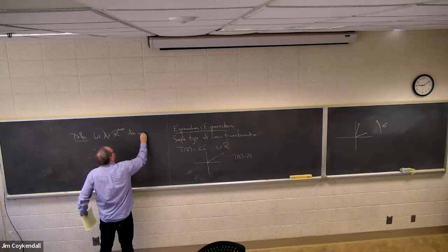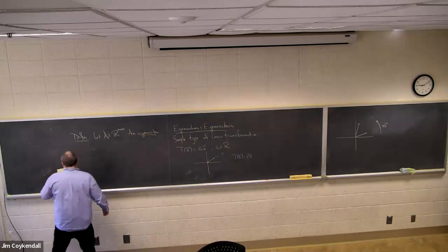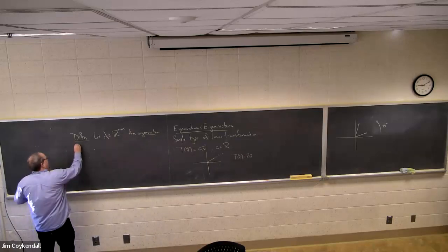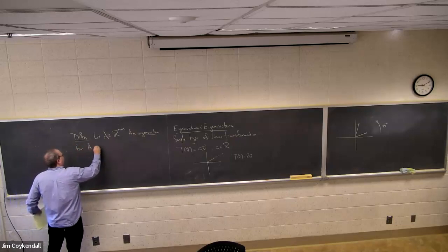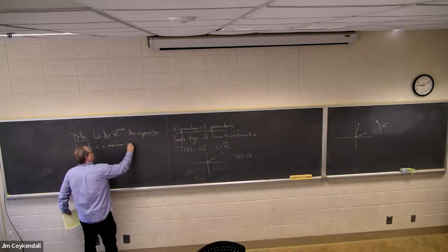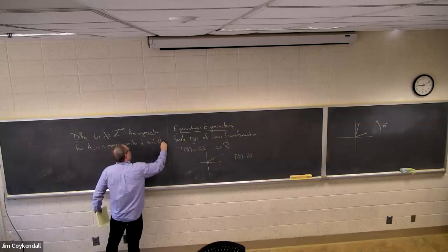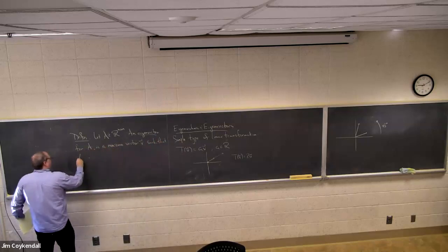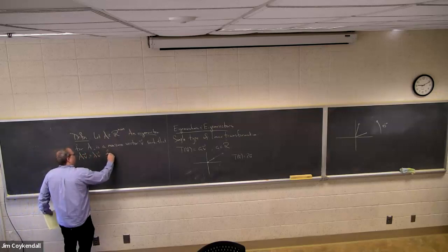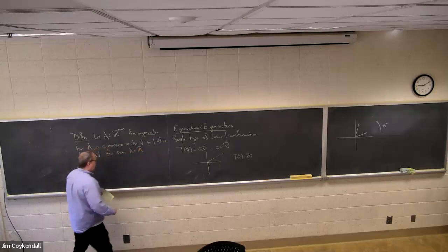An eigenvector for A is a non-zero vector v such that Av equals lambda v for some number lambda.